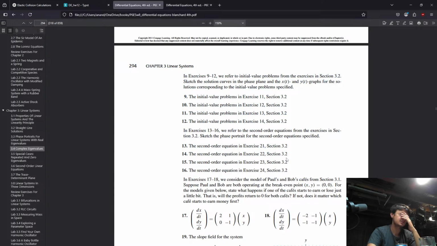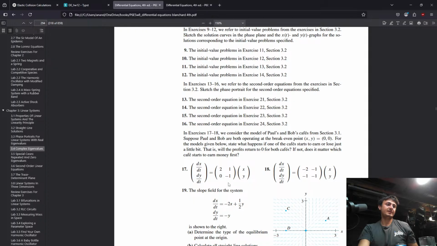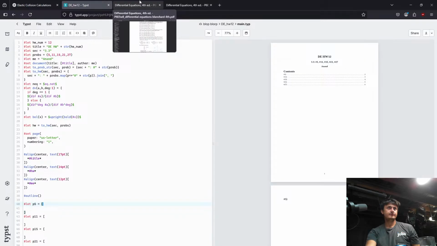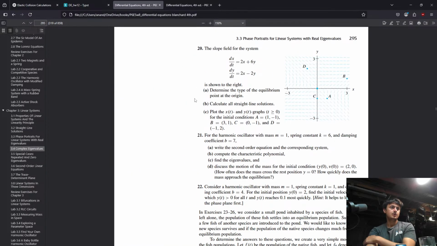Maybe we'll do this by hand or something. 15, 21. How often does the mass cross the rest position?